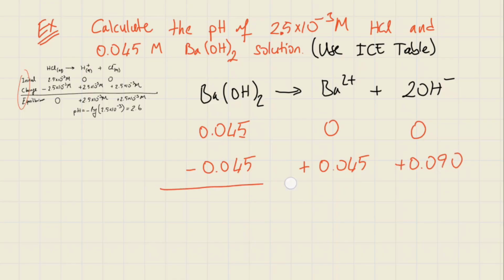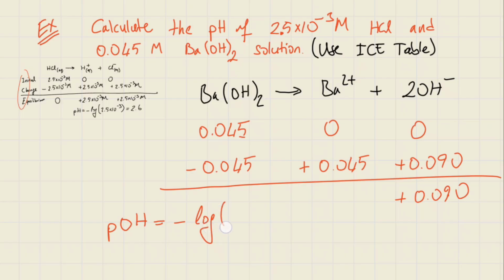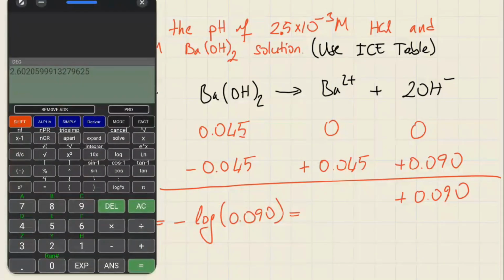This is important. And at equilibrium, OH concentration becomes 0.090 molar. And pOH is equal to minus log 0.090. It is equal to 1.05.